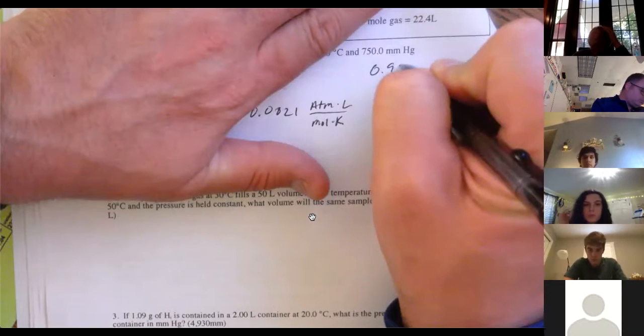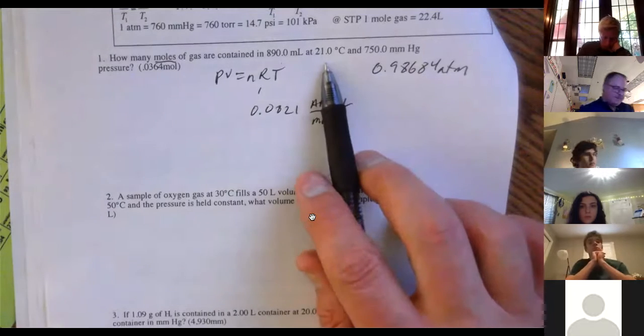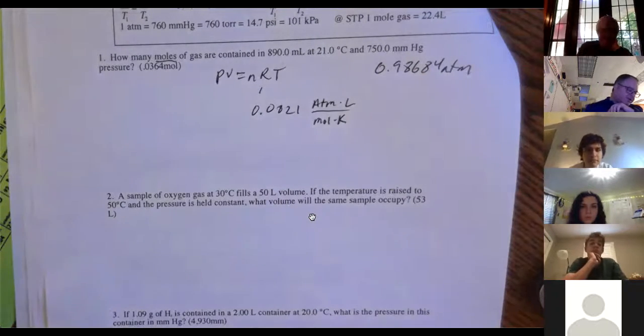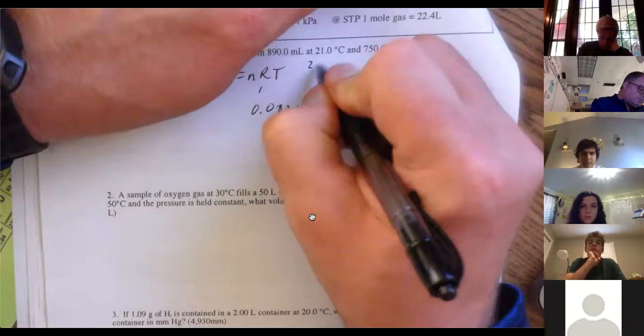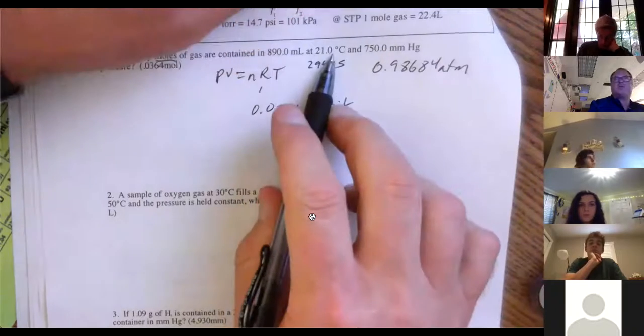It's about 0.9868. I've got to change this to Kelvin. 21 plus 273.15. It's 294.15. So that's only significant to that first decimal place, right?